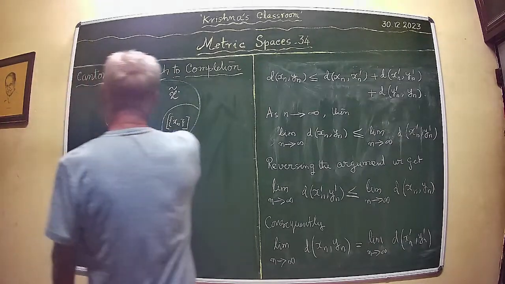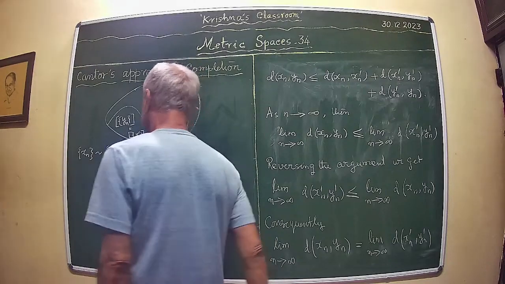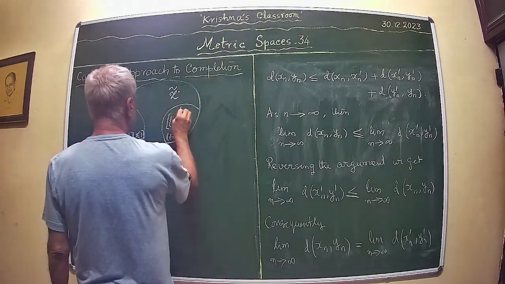Therefore we have these two equally well qualified to designate this. So this is your block x_n.